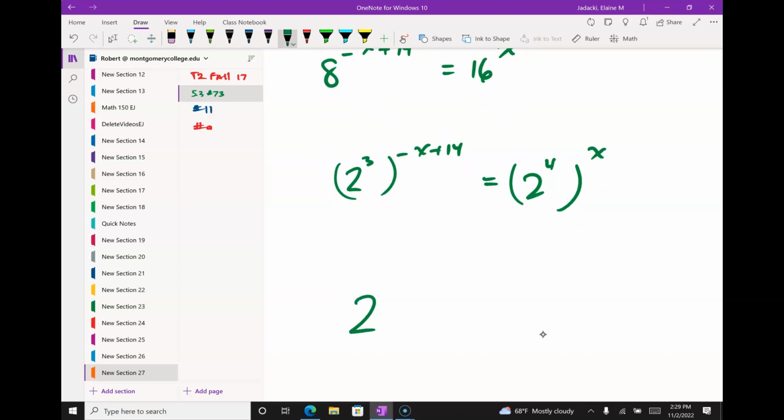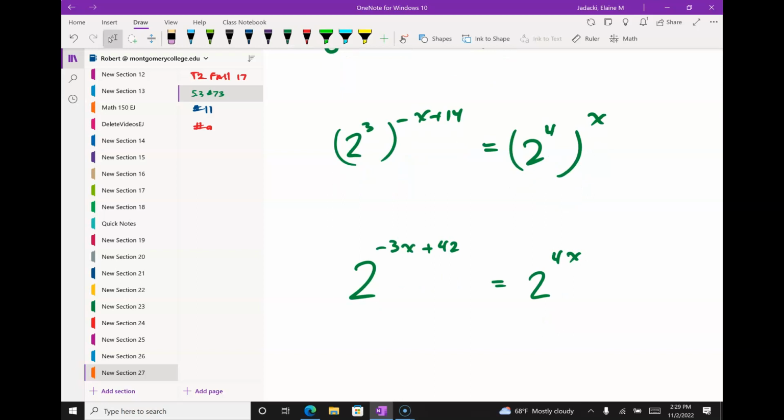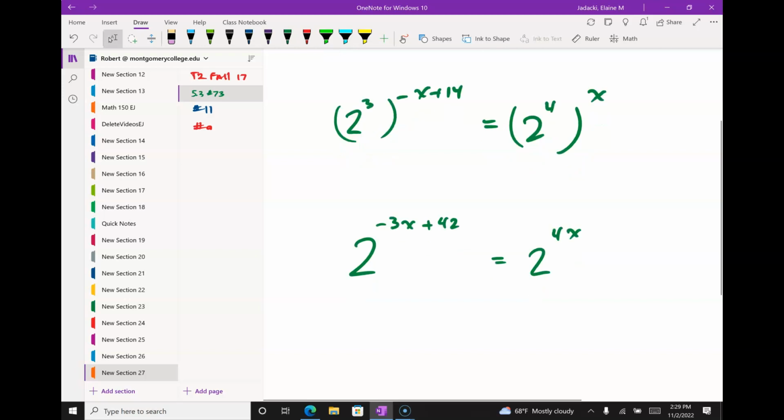So I have 2 to the negative 3x plus 42, is that right? Equals 2 to the 4x. You so far with me, Brian? Yeah? So again, this is what you would have learned in Math 50. And then what we learned this semester is taking the ln of both sides. And I'm going to do it that way in a second.